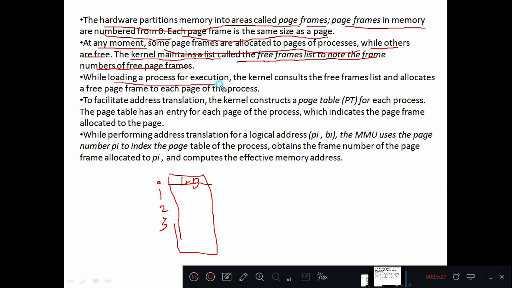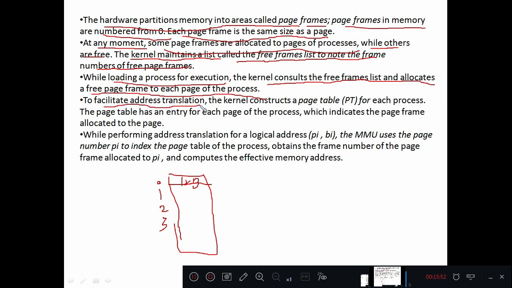While loading a process for execution, the kernel consults the free frames list and allocates a free page frame to each page of a process, right? Whenever the process requests memory, the kernel will consult this free frame list, then identify and allocate a free page frame to each page of a process.